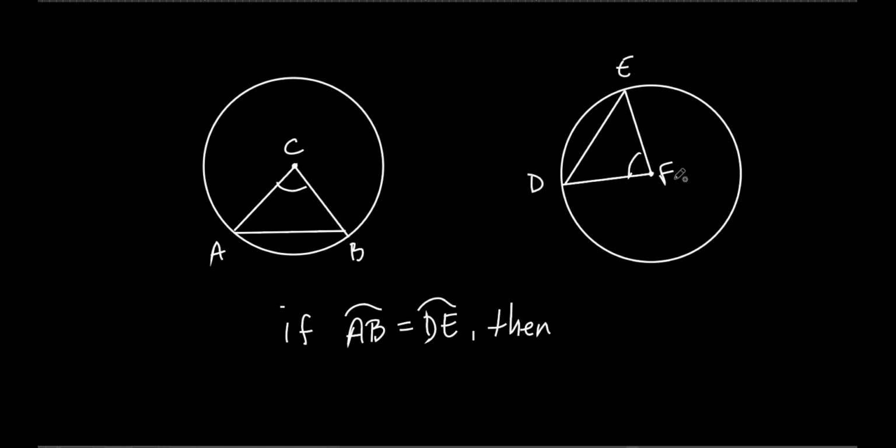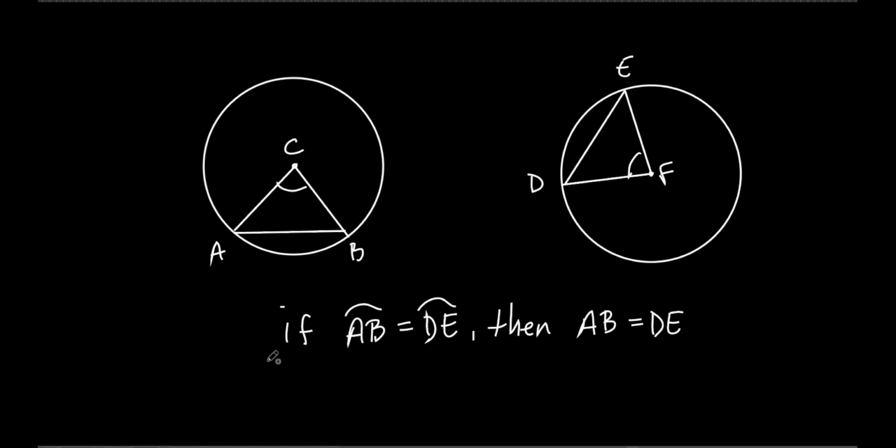If those circles are congruent, and this arc AB is exactly the same as this arc DE, what do you think is true about the length of AB and the length of DE? They're equal to each other. So the length of AB is equal to the length of DE. Notice I didn't put anything over top of it. What does that mean if I don't put anything over top of it? It means the length of AB is equal to DE.